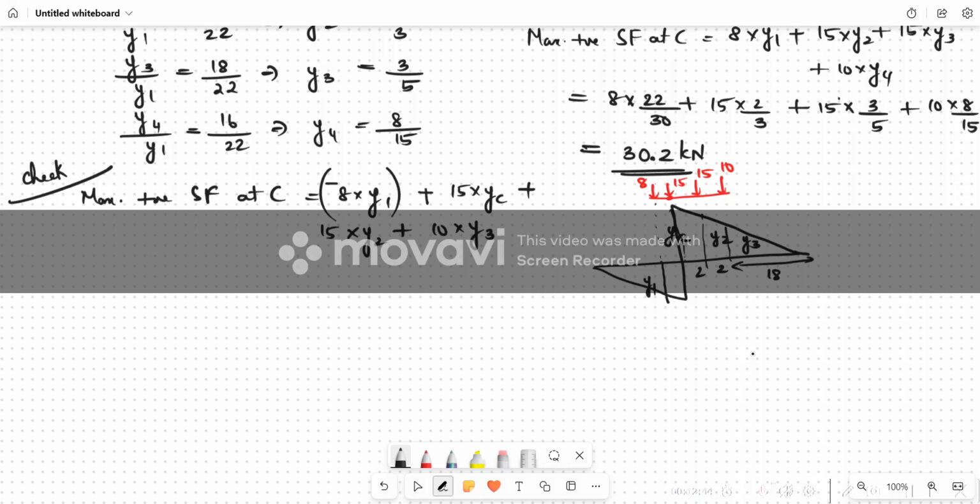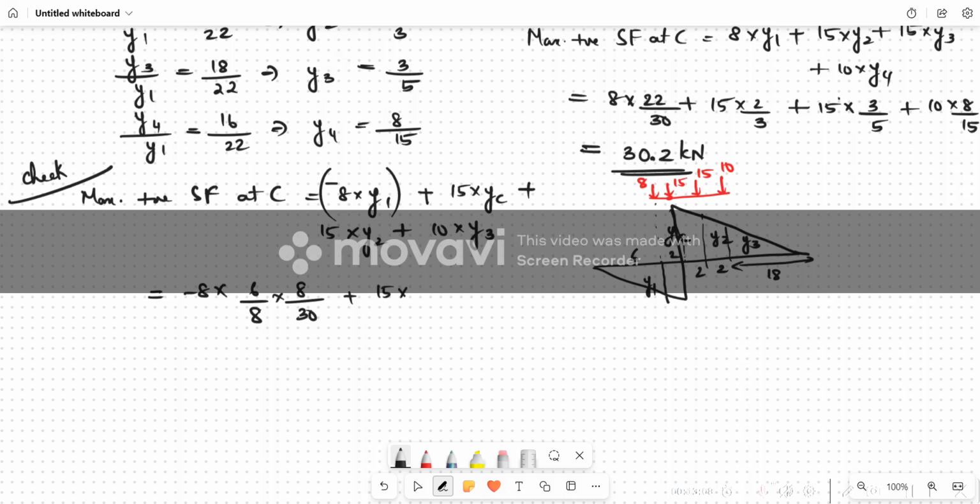Okay, so this will be equal to minus 8 into y1. You will get it as this was 6 and this is 2 meters because it's 8 meters totally. So this will be 6 by 8 into 8 by 30. Okay, I'm directly substituting here. Then plus, if you want, you can individually find out y1, yc, y2, y3 and then substitute here.